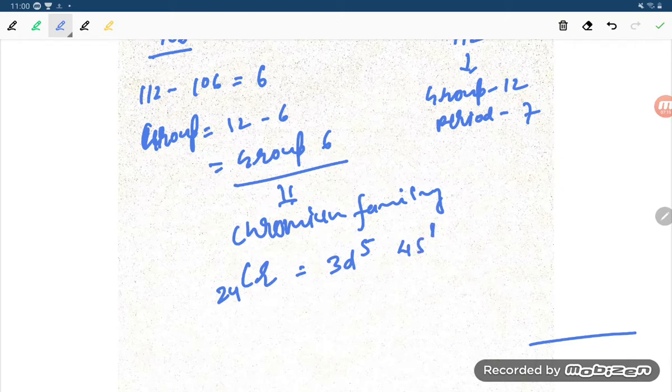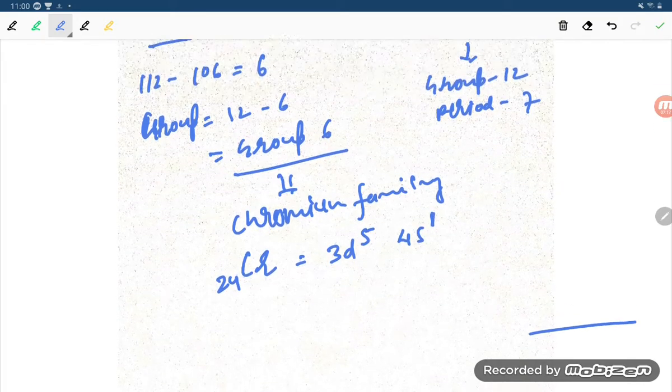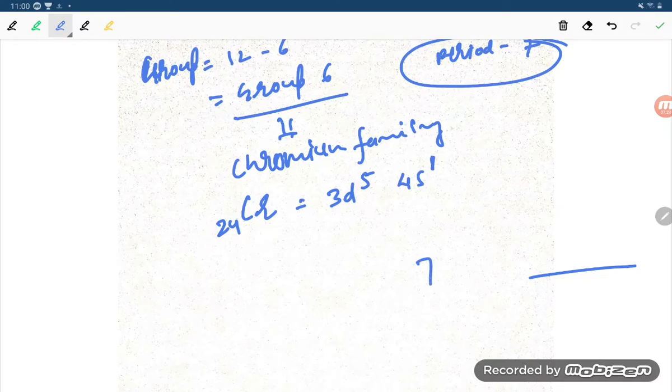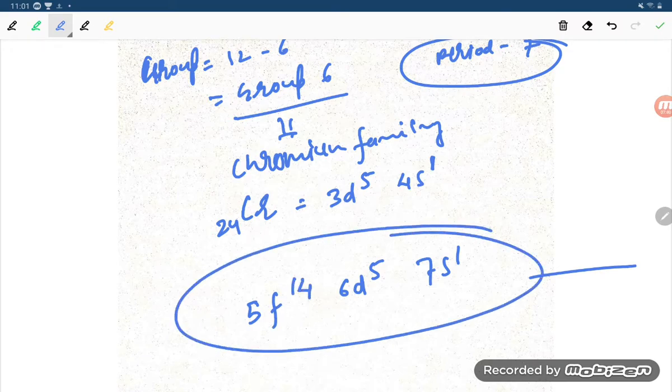Now which period does this belong to? Element 106, like 112, is in period number 7. So period number 7 means 7s1, and it will go 6d5, and what will come next, student? 5f14. This will be our electronic configuration.